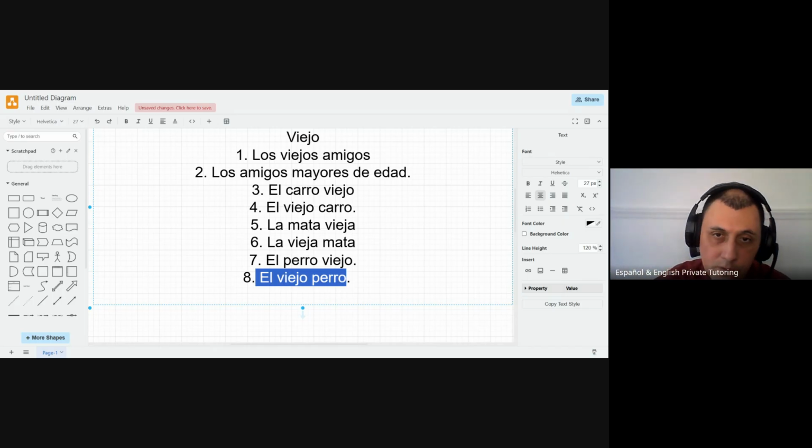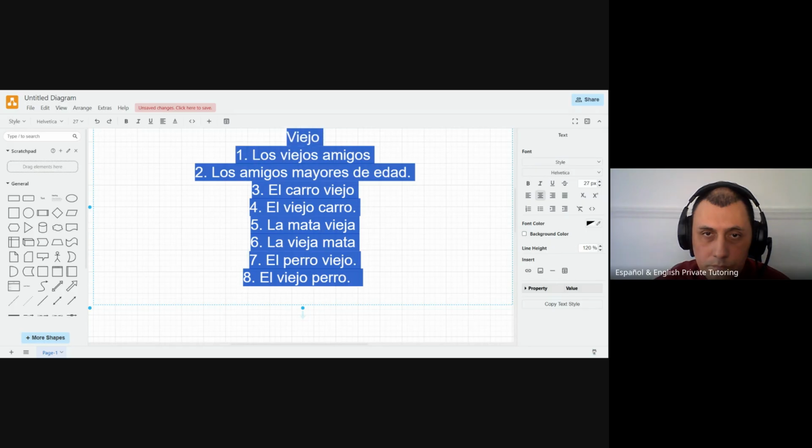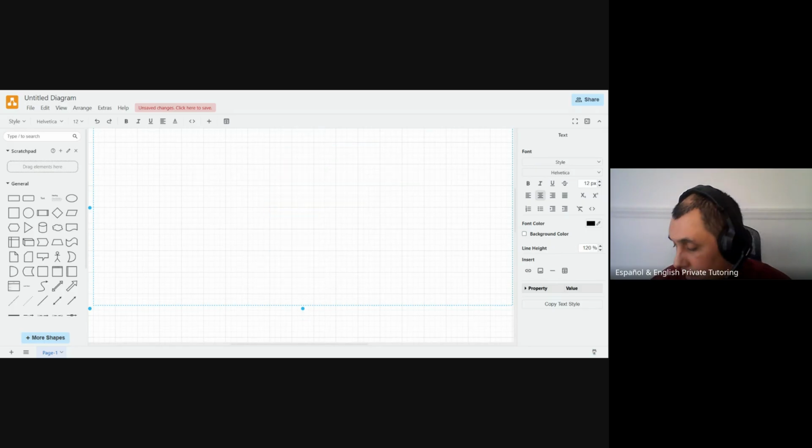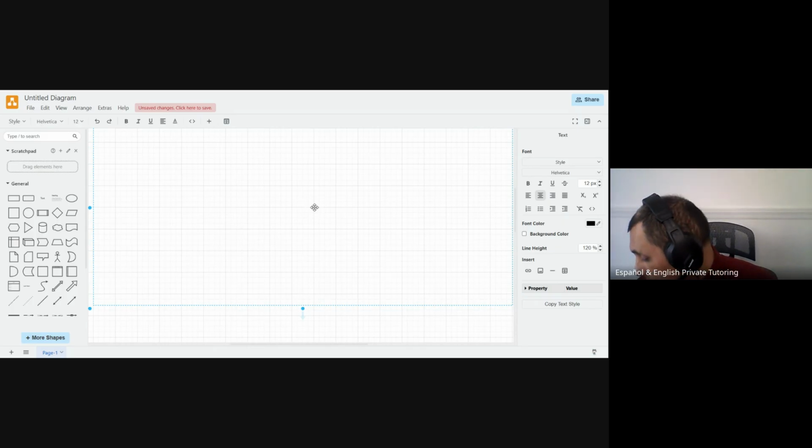Let's go to page 14. Now I'm going to talk about superlative adjectives. So the book is giving you a formula here that is extremely simplified. So I'm going to give you a sentence the way they are doing it here.